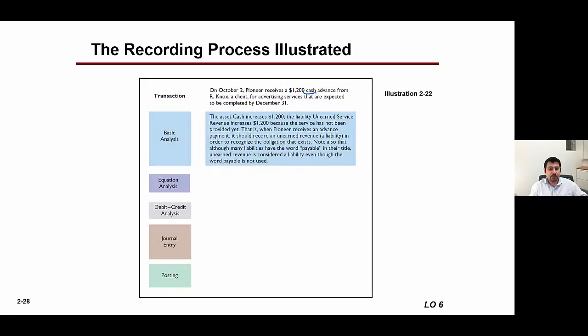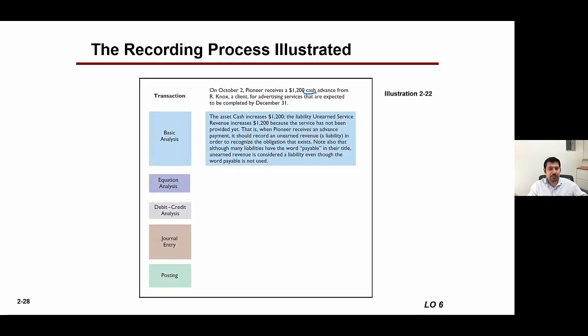This is a service that is to be provided by December. Because we haven't finished it yet, this is something that now we owe to the customer. So the company, Pioneer, owes Arnox the advertising services by December 31st.